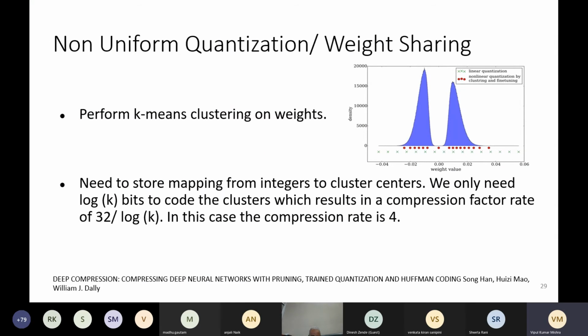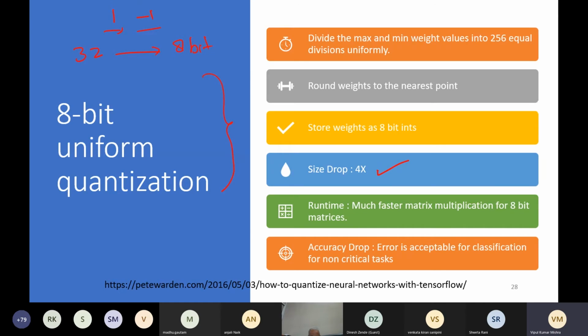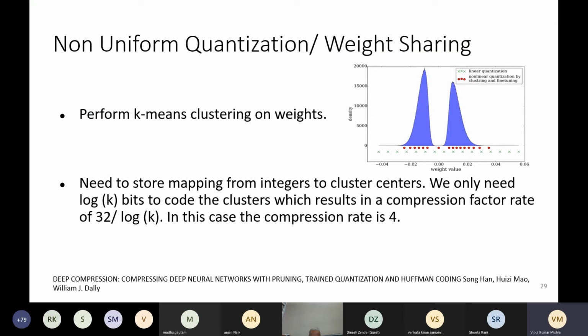Now they said, why are we doing this uniform quantization? Let's make it non-uniform quantization. What this non-uniform quantization, the weight sharing, is saying is that if most of the weights reside in this region, then the quantized values should be more in this region and fewer in the outer region.